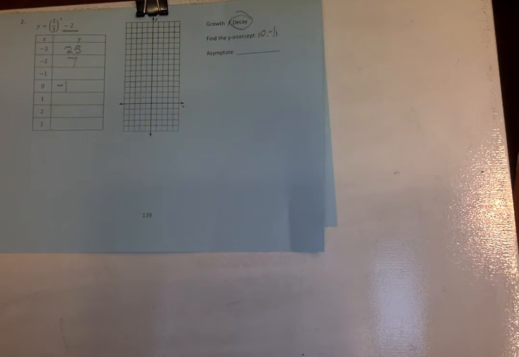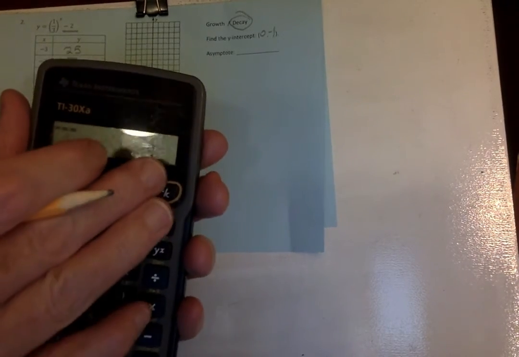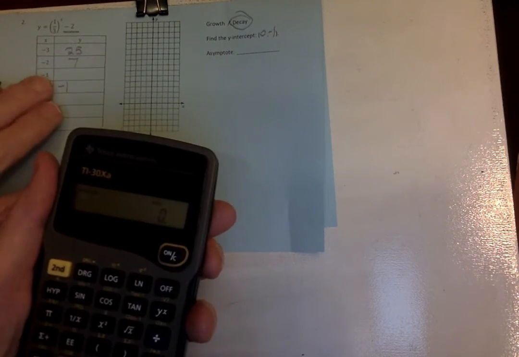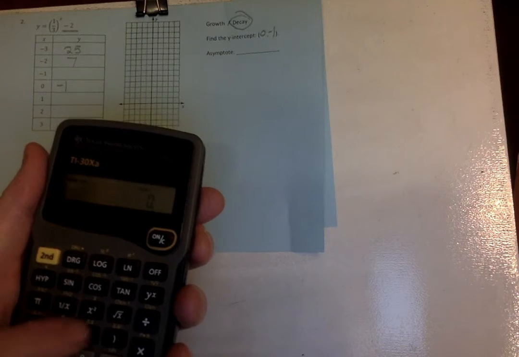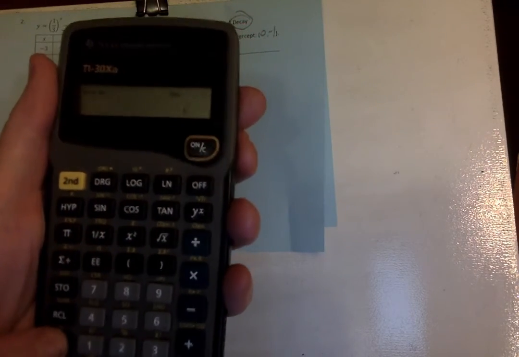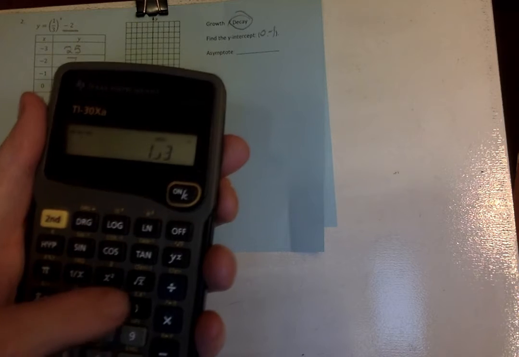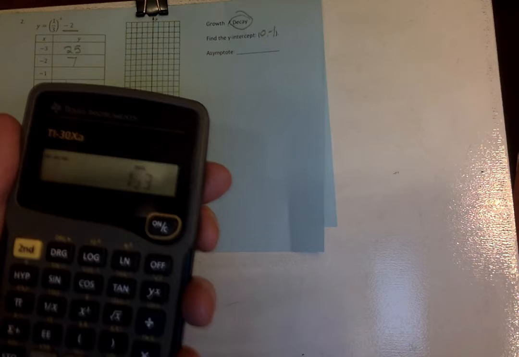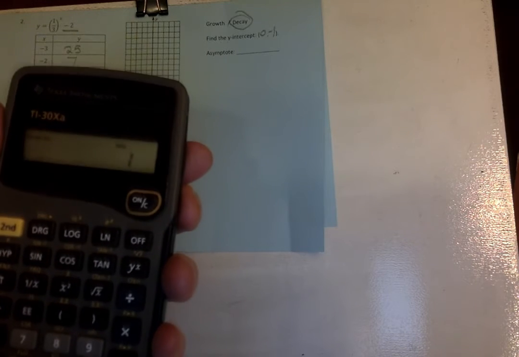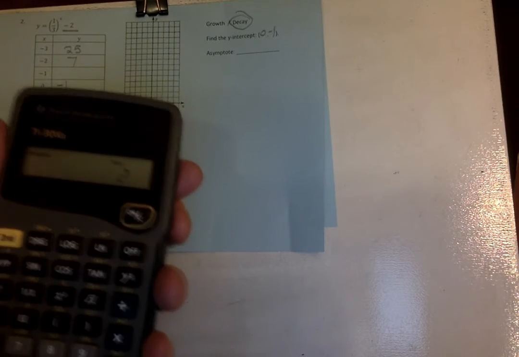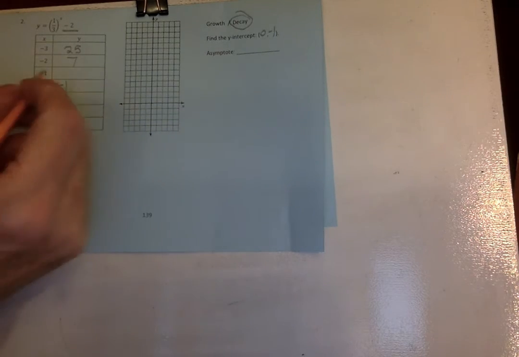And I should probably be showing you the steps with the calculator here. So let me see if I can show you there. Hopefully you can see that okay. I'm going to put -1 in for x. So I'm going to go parentheses, 1 over 3, and then parentheses, and then I'm going to raise it to the power of negative 1, equals, and then I have to minus 2.